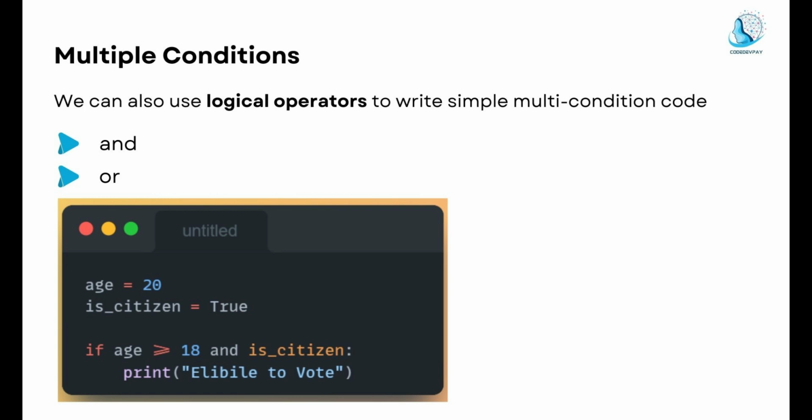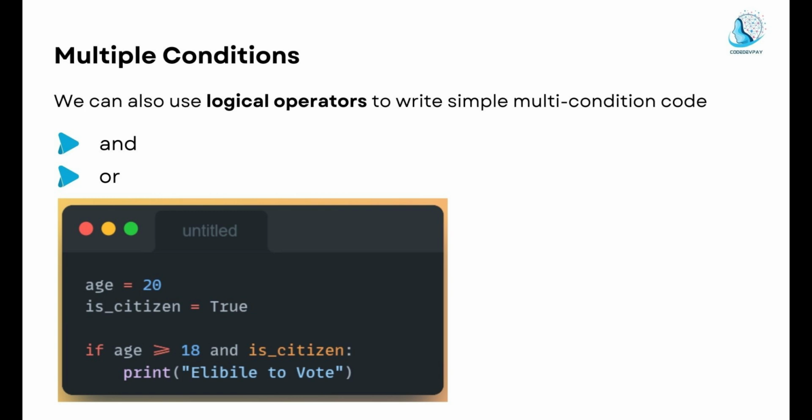We have a variable called age, and we've assigned 20 to it. And then the second variable is is_citizen, which we have assigned to a boolean true. So for us to write the condition code on one line, we are going to use the logical operator AND. So we have if age greater than 18 and is_citizen.